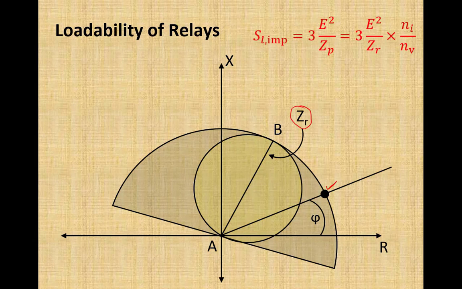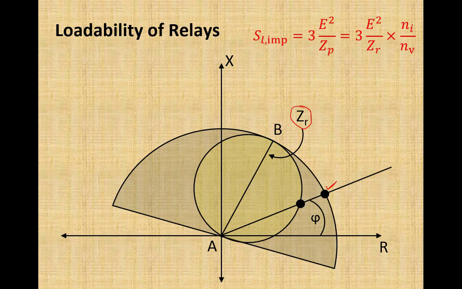And according to the new characteristics, the relay's loadability is up to this point, where the impedance reaches the boundary of the relay operating characteristics. So definitely from the diagram we can see here, the admittance relay has higher loadability capability as compared to the impedance relay. It is better because a larger amount of load will result in misoperation of the admittance relay as compared to the impedance relay.